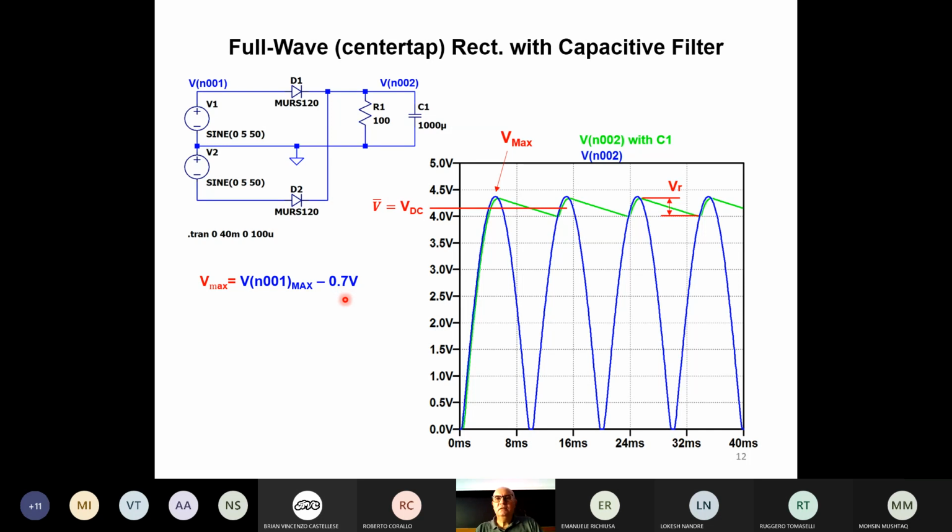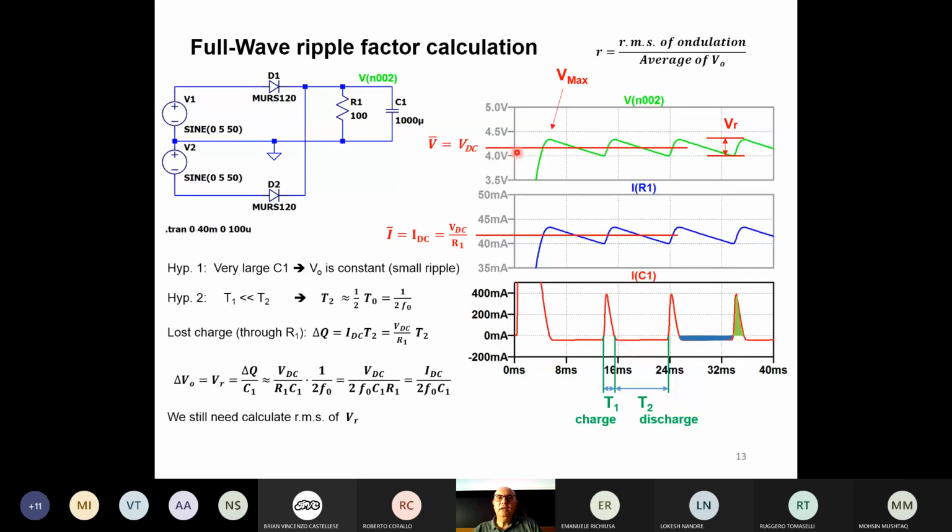Let me see the next picture. Here it's a zoom of what we saw before. Again, VDC means the average voltage at the output, the average of the green line. VR is the ripple voltage. In this graph I also indicated the current through resistor R1.